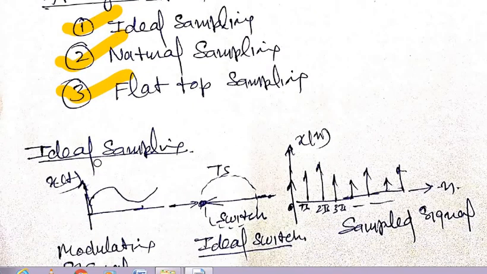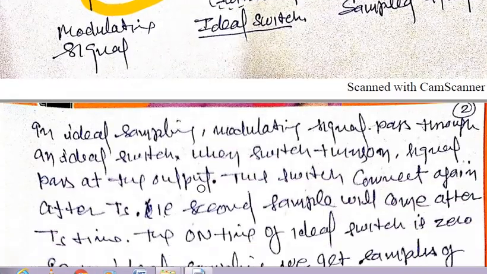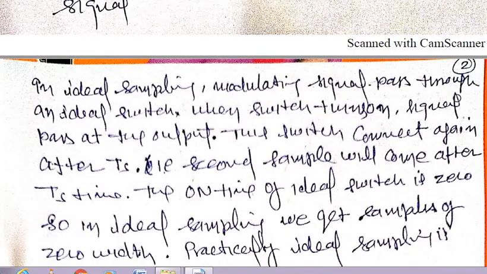In ideal sampling, a continuous time signal passes through an ideal switch, which converts the continuous time signal into a discrete time signal. When the switch turns on, the signal passes to the output.